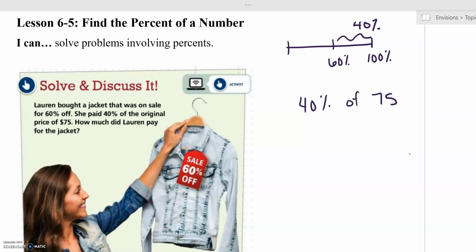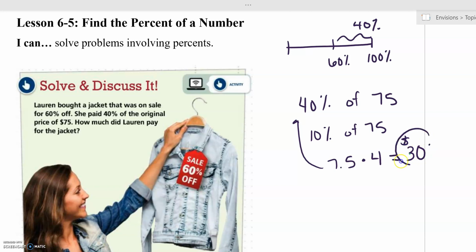Like when we were estimating yesterday, we had 10%, and we could figure out what 10% of 75 was, and that's 7.5. And if I'm looking for 4 of them, that would be times 4, which would mean that she would pay $30 for the jacket. So that's one way we can do it.